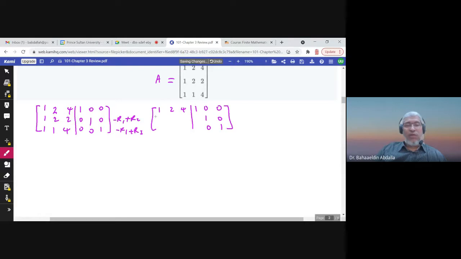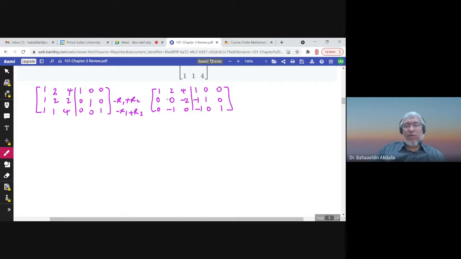Now negative 1 plus 1 is 0, negative 2 plus 2 is 0, negative 4 plus 2 is negative 2, negative 1 plus 0 is negative 1. And negative 1 plus 1 is 0, negative 2 plus 1 is negative 1, and negative 4 plus 4 is 0, and negative 1 plus 0 is negative 1.